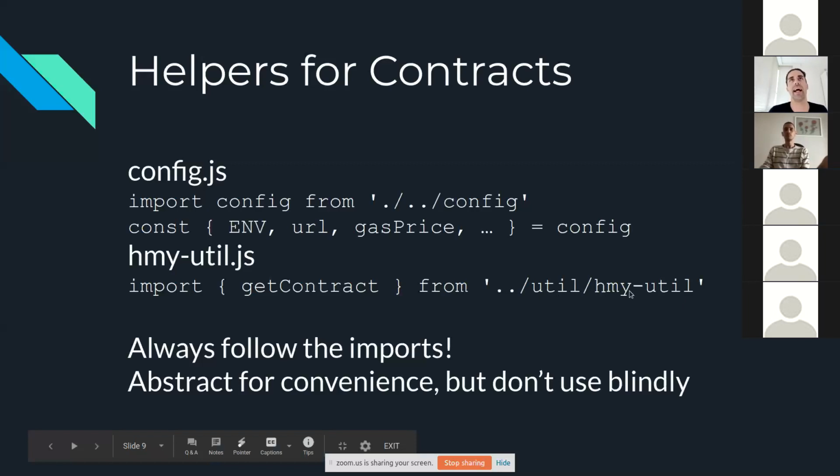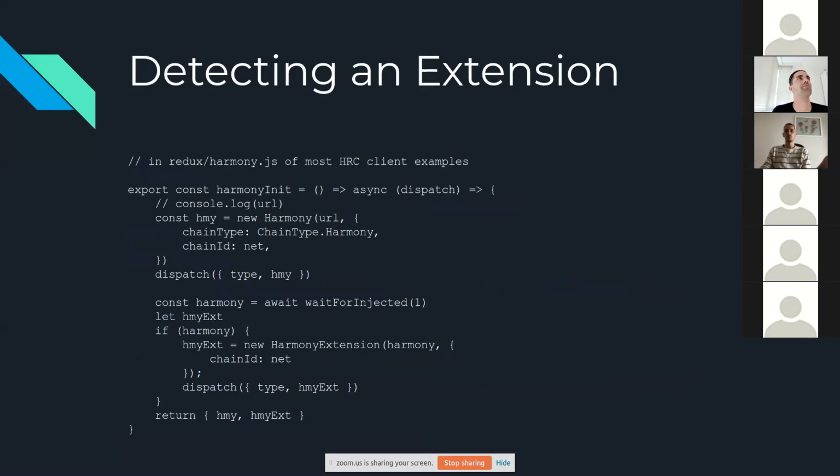Go dig into the actual files where these are coming from. It's abstracted for your convenience, but if you use it blindly and just assume that it's always going to work, and you don't know what's going on under the hood, then it could cause some problems. So just in case you run into trouble, there's a warning.